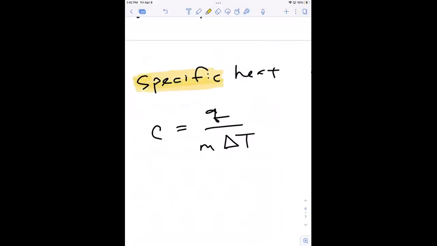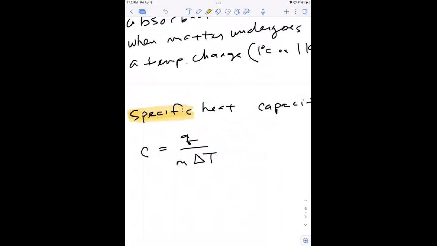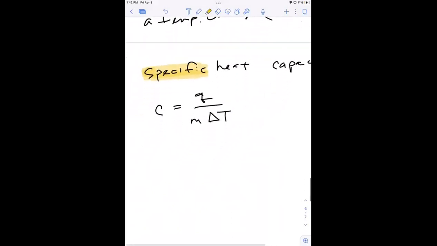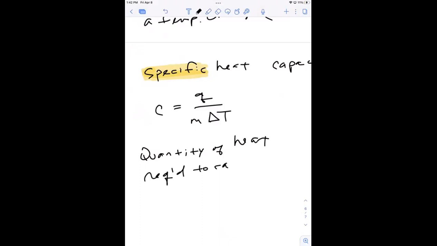So it's always going to be the same. That's why it's called specific heat capacity. It's the quantity of heat required to raise the temperature of 1 gram of a substance by 1 degree Celsius or 1 Kelvin.